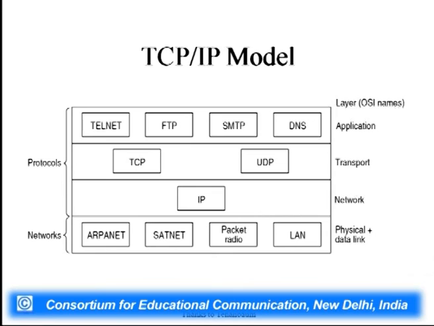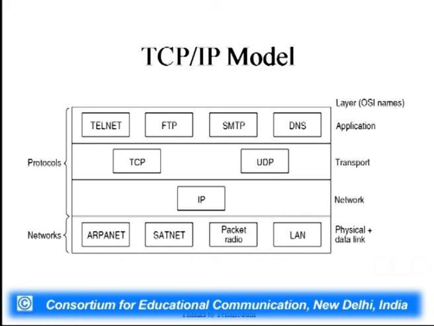TCP stands for Transport Control Protocol, which is a connection oriented protocol, and UDP stands for user datagram protocol, a datagram protocol. The moment we say user datagram protocol, it is a connectionless service. UDP provides a connectionless service, whereas TCP, that is transport control protocol, is a connection oriented protocol. So, it provides you connection oriented service.